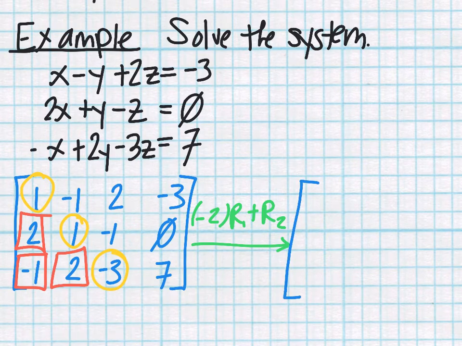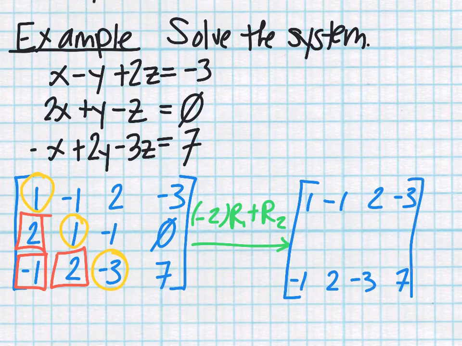When I multiply the first row by negative 2 and then add it to row 2 and replace row 2 with that, row 1 and 3 don't change. So my new row here in the middle is going to be, let's see, 0, 3, negative 5, 6.